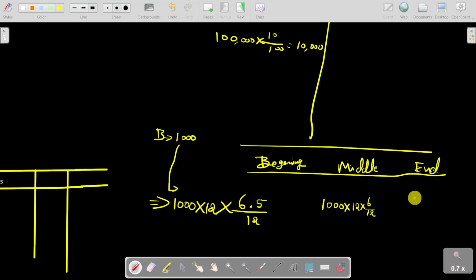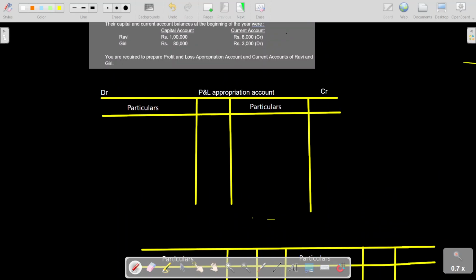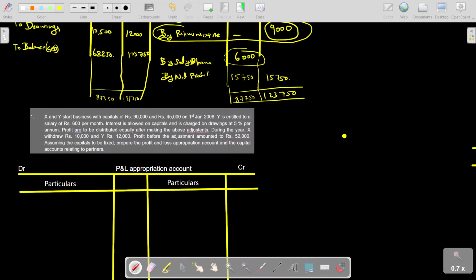If he draws at the end of the month, we have to calculate 1000 into 12 into 5.5 by 12. So this is the simple logic we have to remember. If beginning of the month 6.5, if the middle of the month 6, if the end of the month 5.5. Right. Let's start our problems.